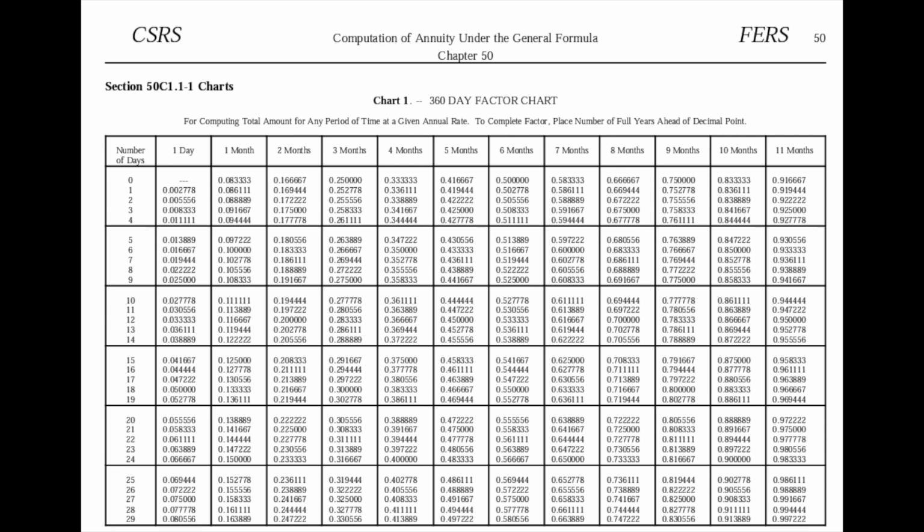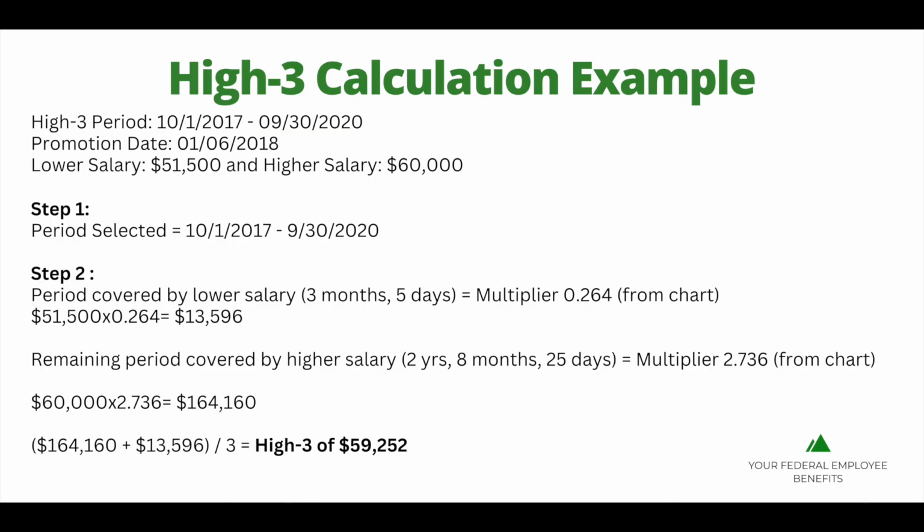The factor, the multiplier here, is 0.264. We multiply 0.264 times his pay of $51,500 for this period, and we get $13,596. That's how much of his salary we're going to use for this period.